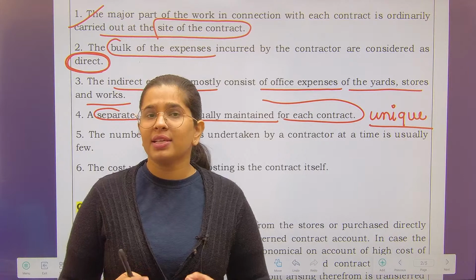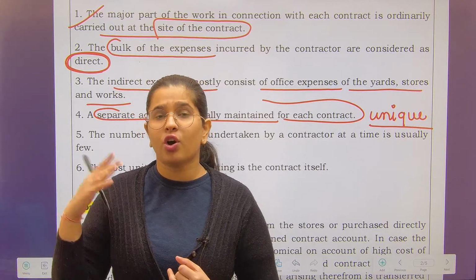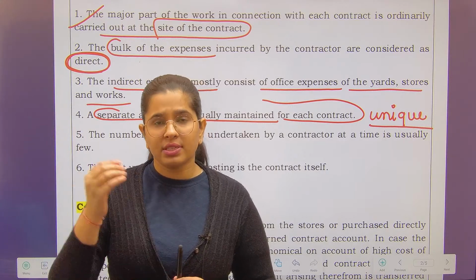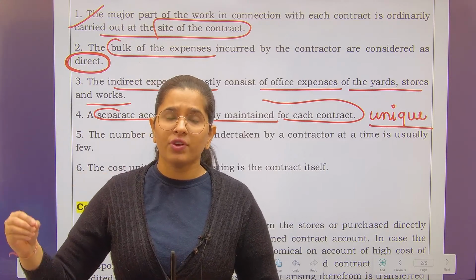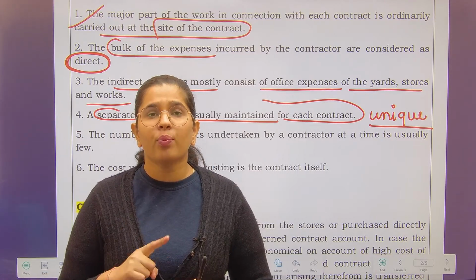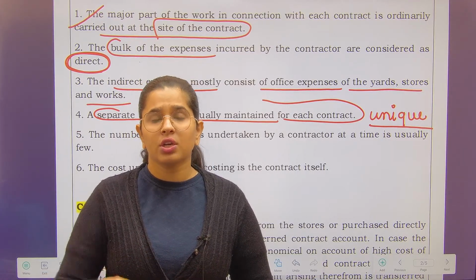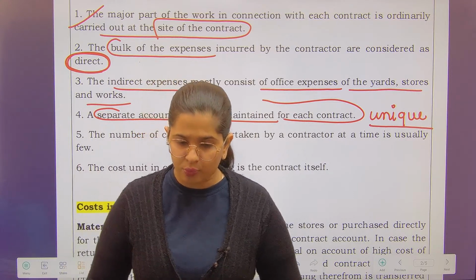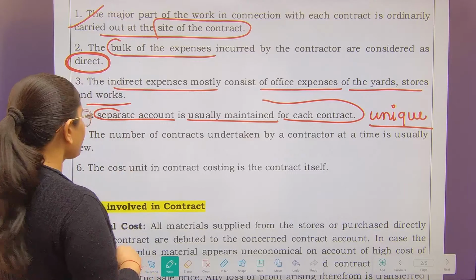This is not the case when we do batch costing or job costing. In job costing as well, you will have a single job for which you will find out the cost. But this is not the case when we carry out process costing. In process costing, all the expenses are written together and are divided by the output. Correct? Next.